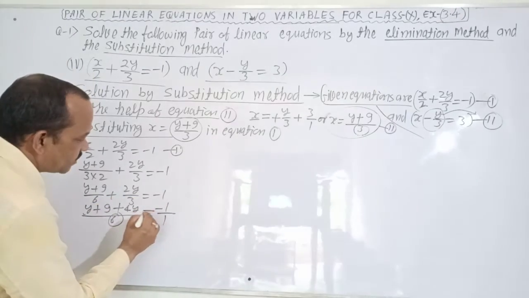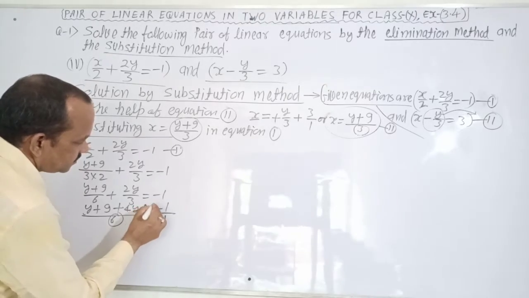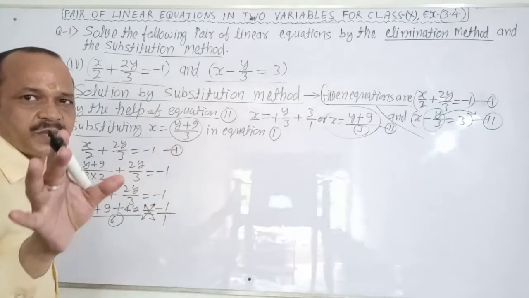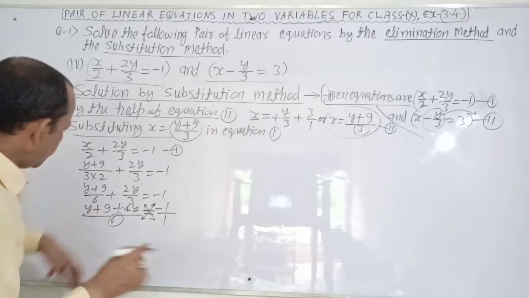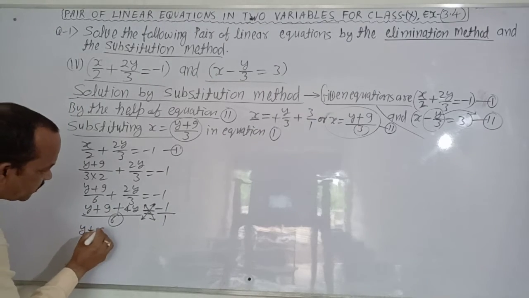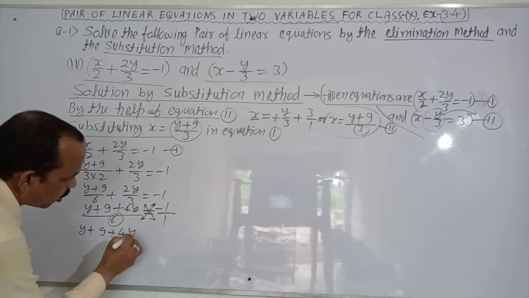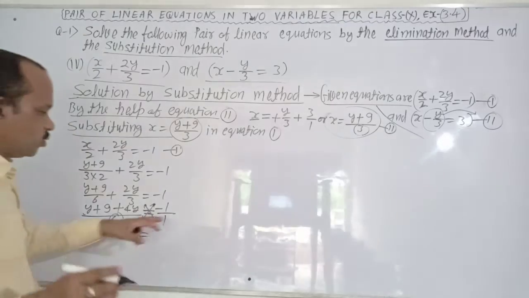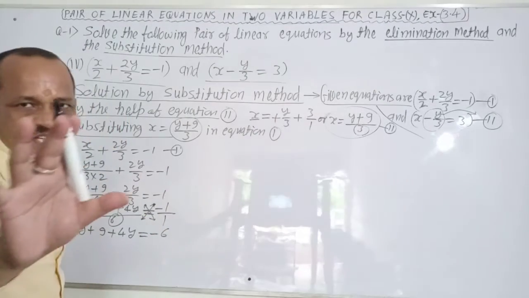Now you cross multiply. It becomes y plus 9 plus 4y equal to minus 6.